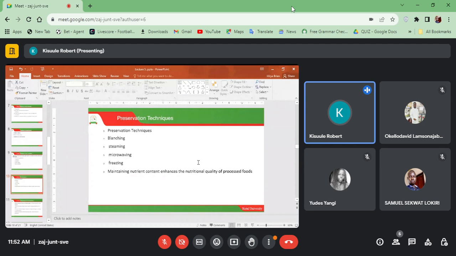Additives and preservatives, and we are saying these can affect the nutritional quality of food. Additives, for example, sugar. There is now no food that people are not adding sugar to. They're adding syrups to almost each and everything, and these syrups in the end will affect the nutritional quality of some of these foodstuffs.